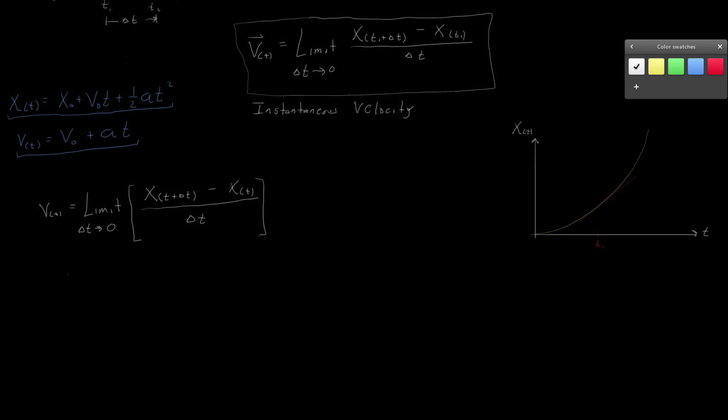Seems pretty simple. And all we have to do now is apply this rule to the position function whose slope of tangent lines at any particular point we're interested in finding, because the slopes of those tangent lines represent the instantaneous velocity. Right? That's the instantaneous velocity right there.